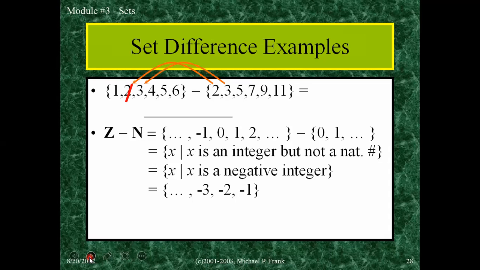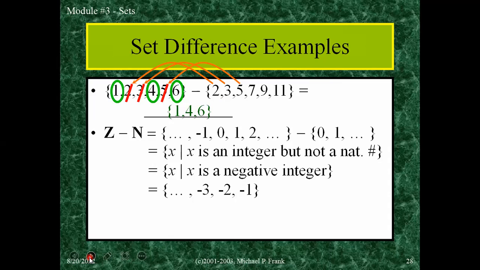Similarly, 3 will also be deleted from the first set. So 2 and 3 cancel, and 5 is also a common element, so 5 is also cancelled. So 1, 4, and 6 are the only result.